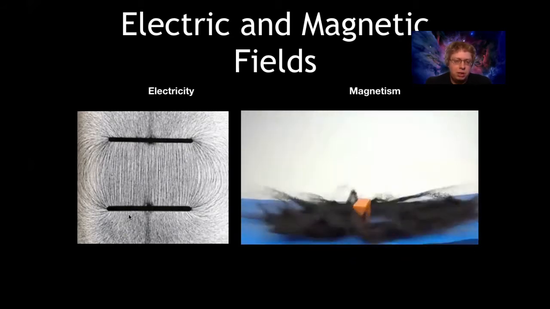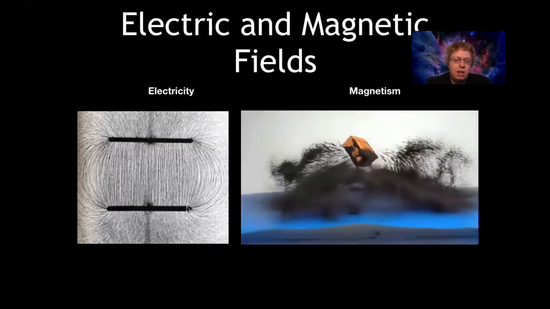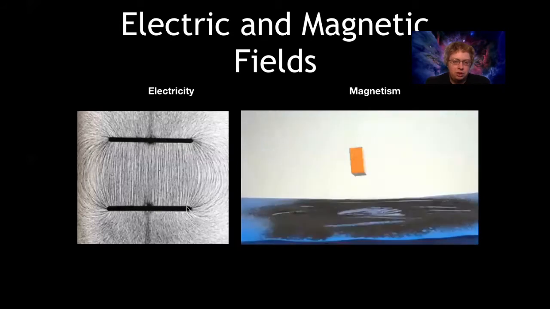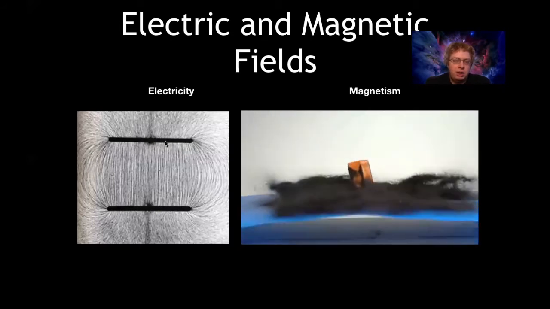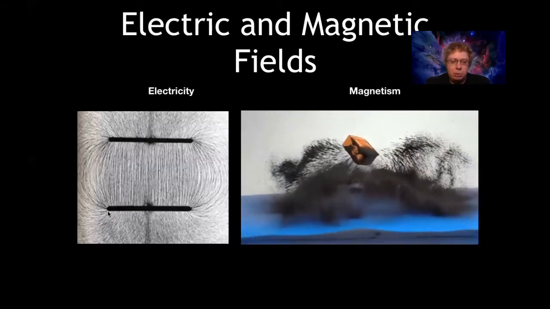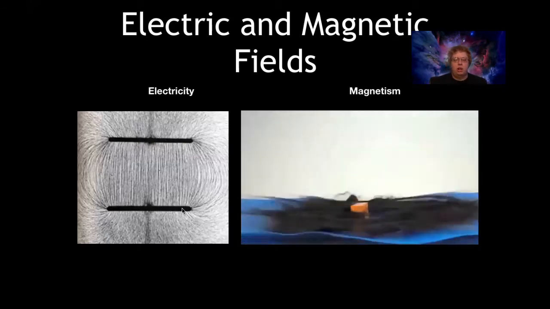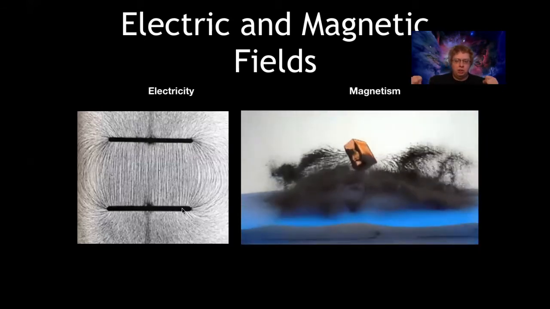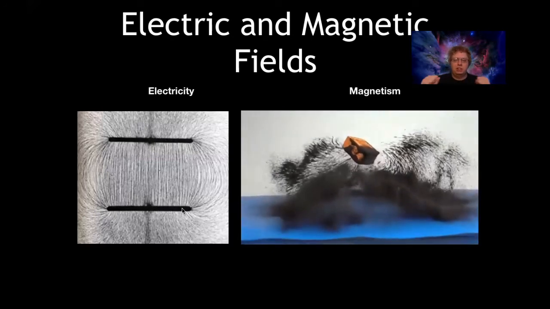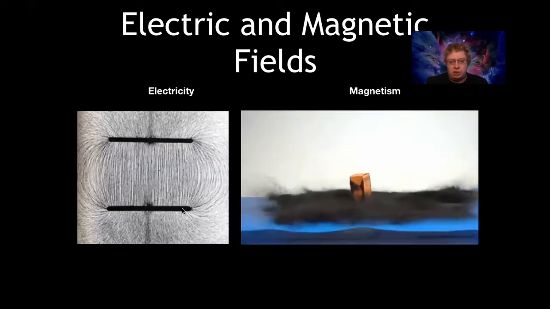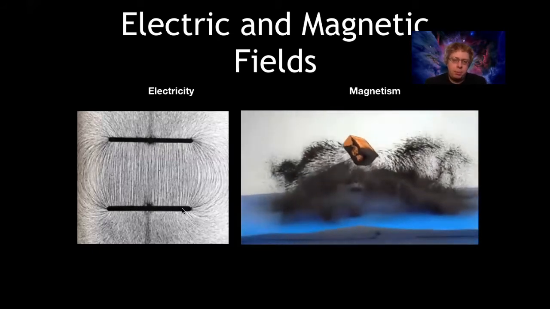So this is one plate and this is another plate. These two plates have been charged by some sort of electric force, so that this plate now has a positive charge and this plate now has a negative charge. Now, in previous lectures, I told you that positive and negative charges will attract each other and like charges will repel each other. But in this case, these plates are fixed in place and they're not going anywhere.